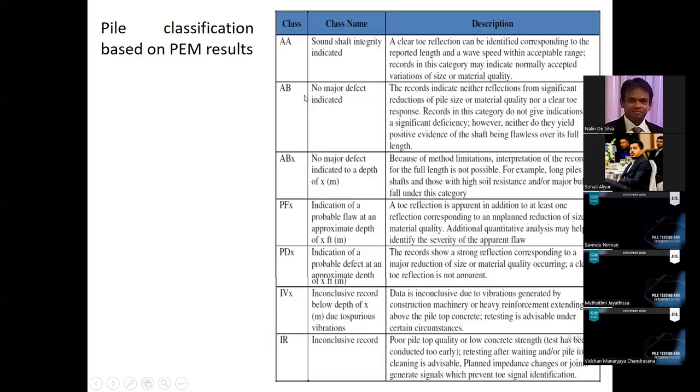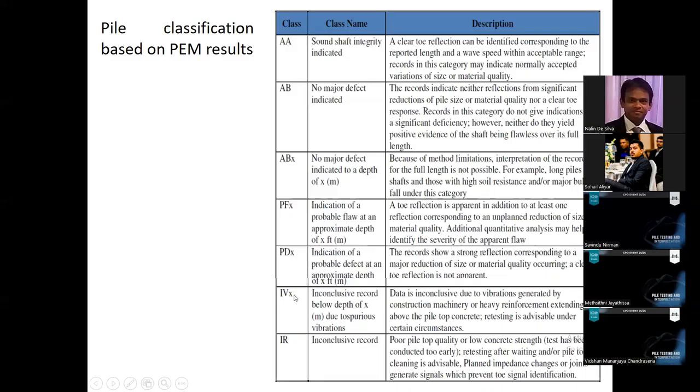AB means no major defect indicated. It may not be perfect, but no major defect. ABX, no major defect indicated up to a depth X. PF means there is a flaw at an approximate depth F. I'll show you some examples. Then PD means there is a defect.